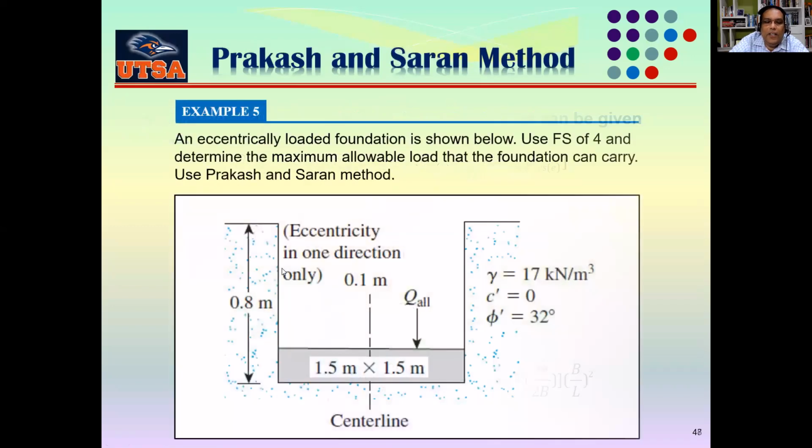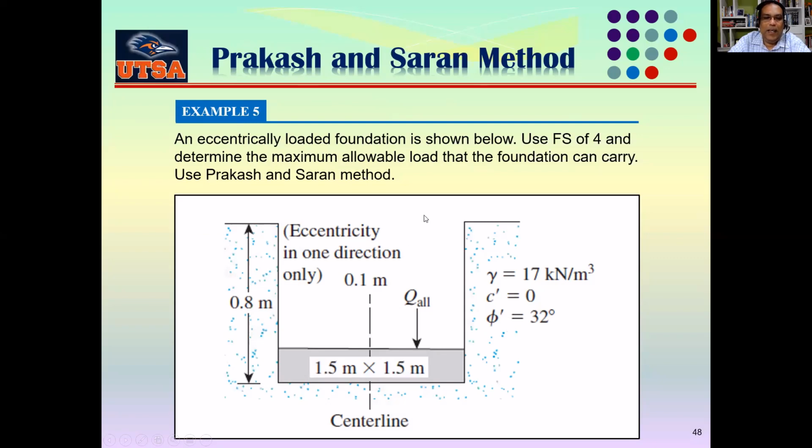So here is one example, the same example I was showing you for example 4. The other one was done using Meyerhof's method. Here they wanted you to do the problem following the Prakash and Saran method, like what we learned right now, okay?